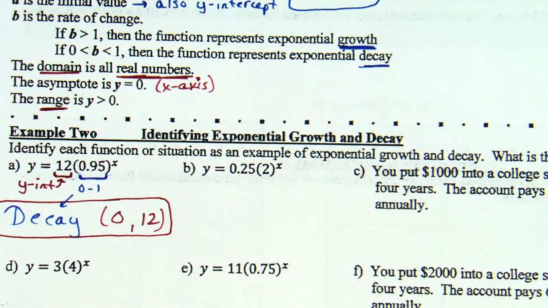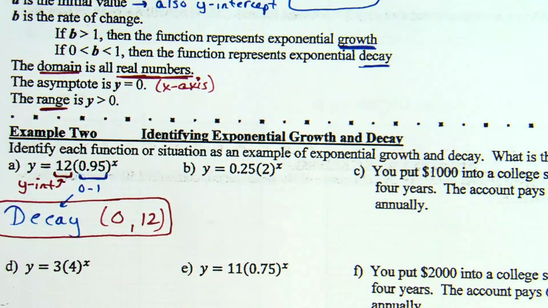Okay, let's try B then. B, y equals 0.25 times 2 to the x. First question, growth or decay? Why? Because the number is bigger. Okay. So right there, guys, you are looking at whatever is raised to the power.